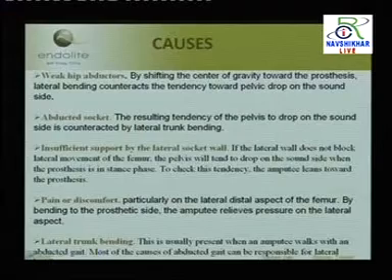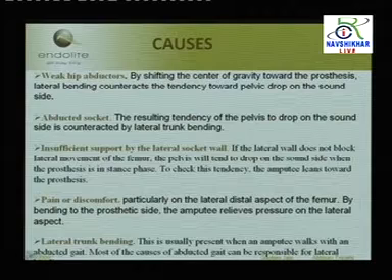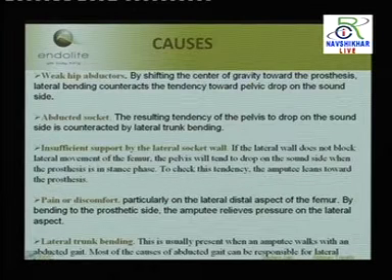Then we have pain or discomfort. If the design which the prosthetist has made is not up to standard, there is some problem in the socket, and he is having pain at the end of the socket or wherever, that will result in lateral trunk bending. Whenever we have pain, we tend to bend towards that side of our body.